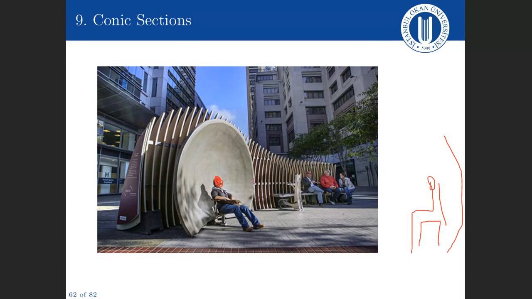One person talks, the sound of their voice is bounced off the dish towards the other dish and then to the second person. This picture is taken in San Francisco. They have two of these dishes at a distance. Two people sit in these seats. They can talk to each other.